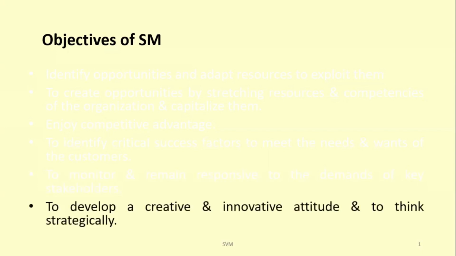Next one, to develop a creative and innovative attitude to think strategically. We can consider Tesla's innovative approach to electric vehicles and sustainable energy solutions. These are the objectives of strategic management.